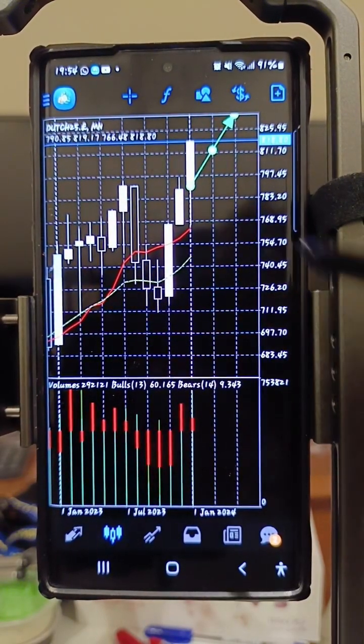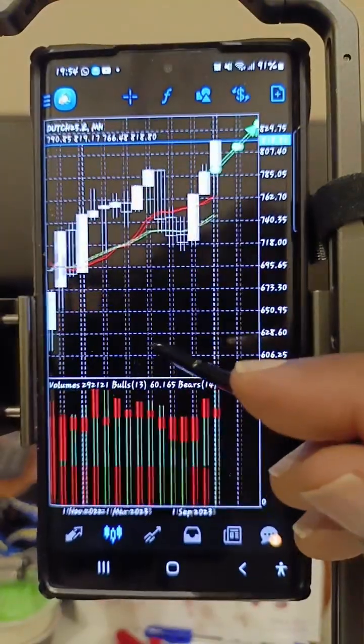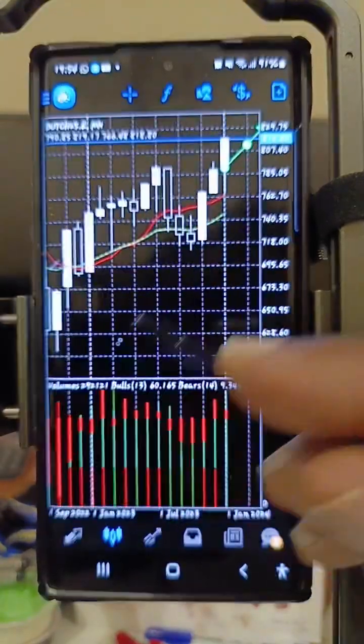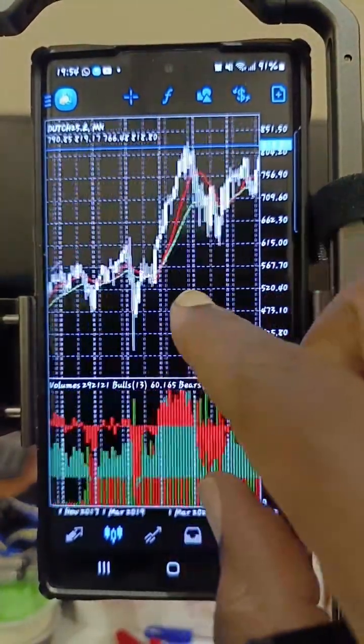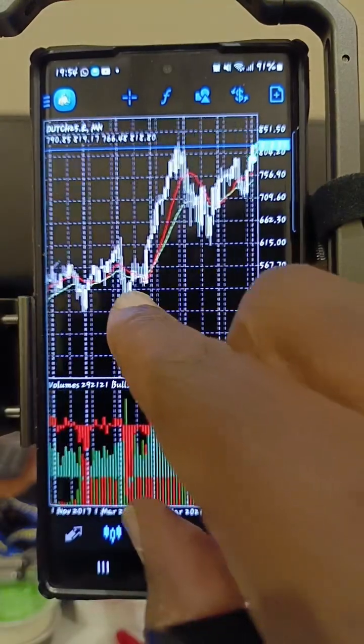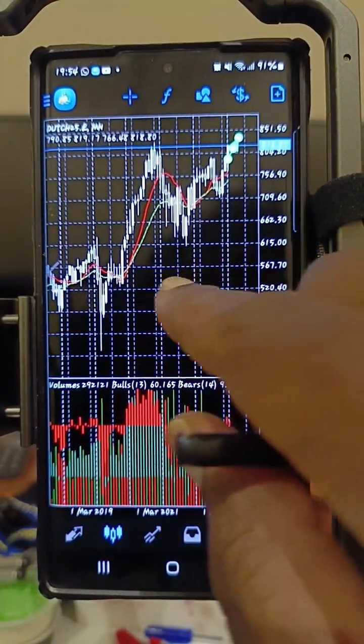Then what I'm going to do is go to the high point and the low point, okay? I go to the high point and the low point. Let me just see if I can pick up anything else here.